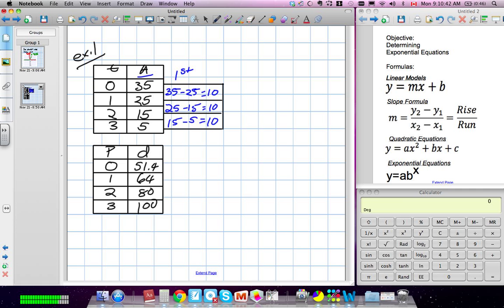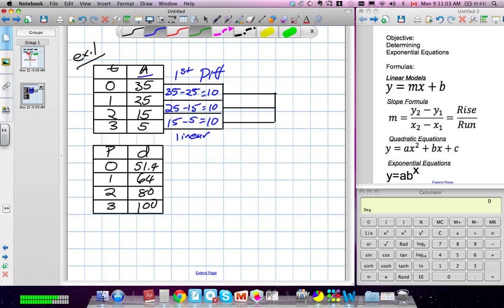Okay? Now, I want to point something out, because yesterday you guys would have gone over quadratic equations, or Thursday, sorry. And in that case, you'd be working with second differences. Second differences is when you take the amounts of the first differences and subtract them. So we get 10 subtract 10 equals 0, and 10 subtract 10 equals 0.